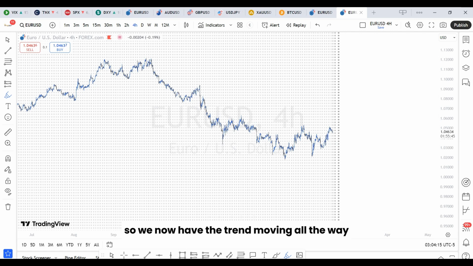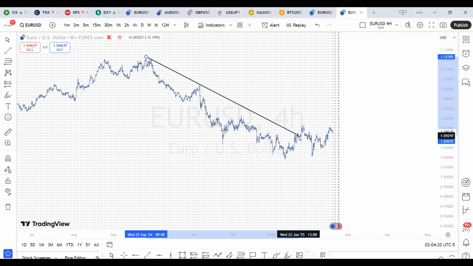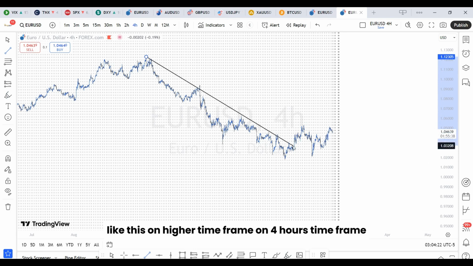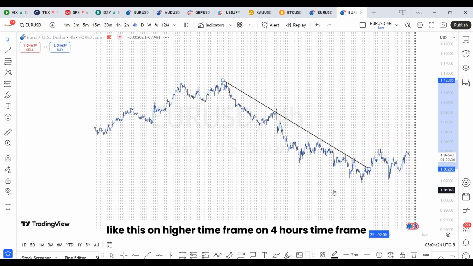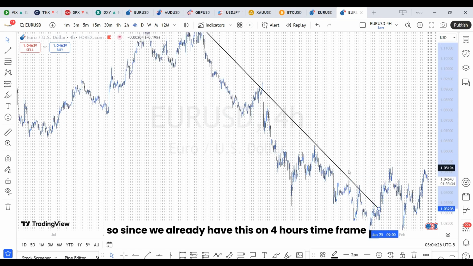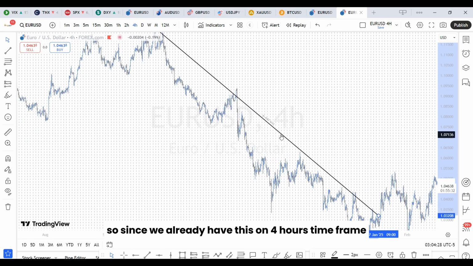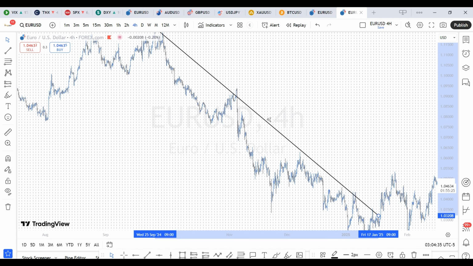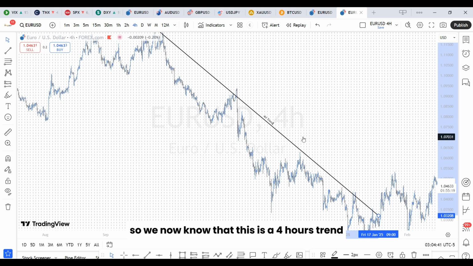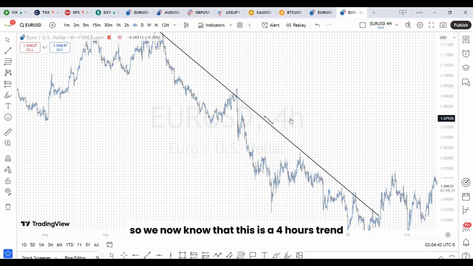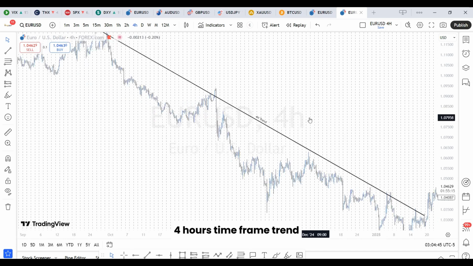So we now have the trend moving all the way like this on the 4 hours time frame. Since we already have this, we can easily label it 4H, 4 hours time frame trend.